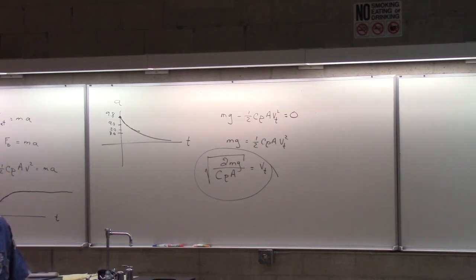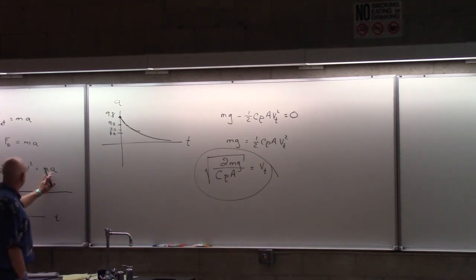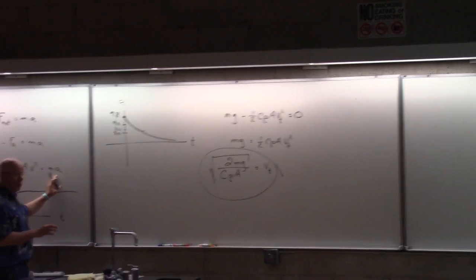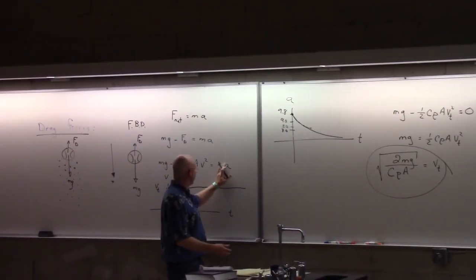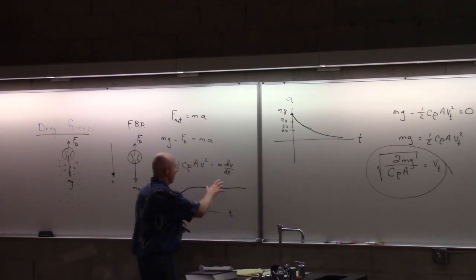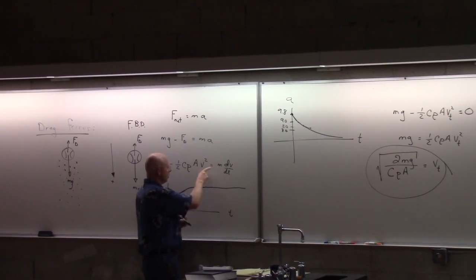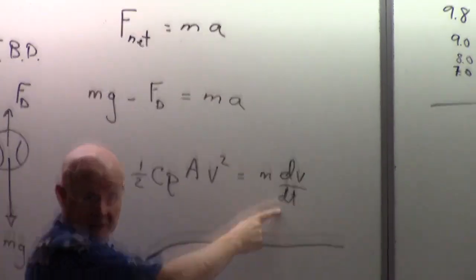Yeah. Okay. And I'm not sure how far I should go with this, because this is harder, even though you guys know some calculus. If I were to change this to dv/dt, I now have the ability to integrate both sides and solve for t, and that's what you're asking, how much time would it take to get to terminal velocity?